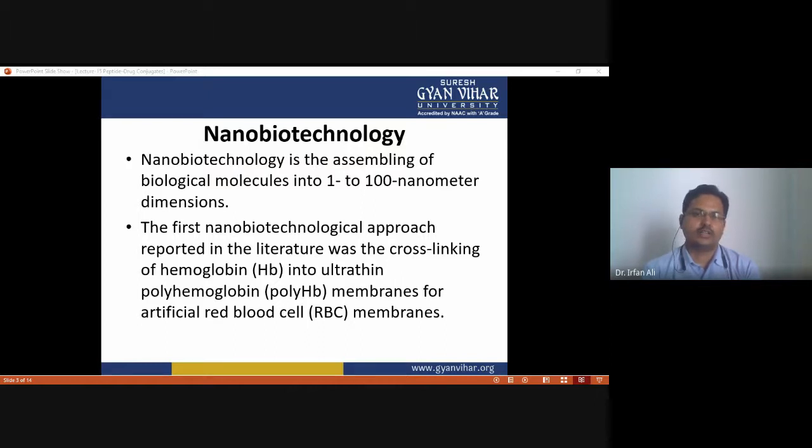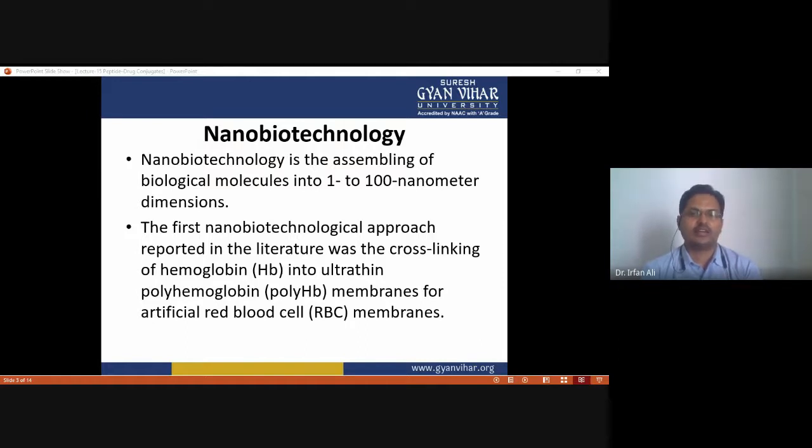So, nanobiotechnology is the utilization of nanotechnology with biotechnology, along with applications in the field of diagnostics or therapeutics. It is a multidisciplinary approach which involves various other techniques or sciences. Characterization techniques are a very important part of the study of nanobiomaterials, along with the method of synthesis.